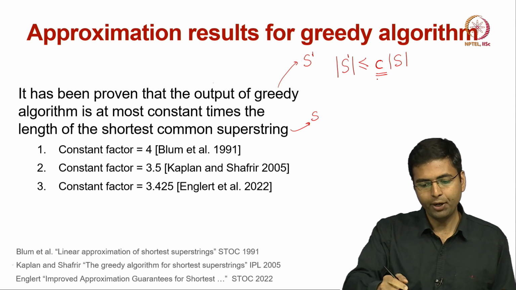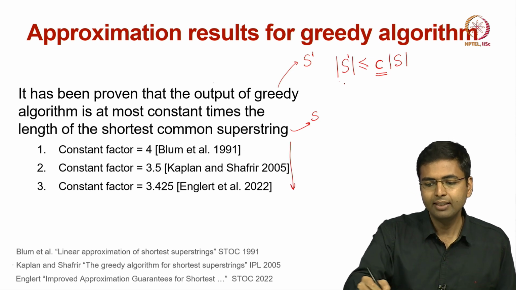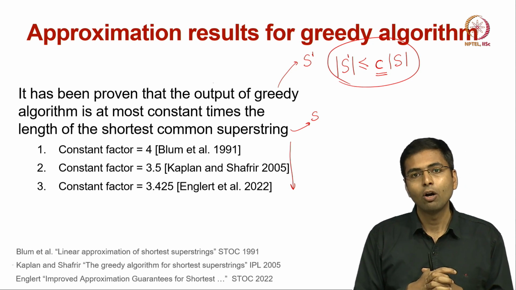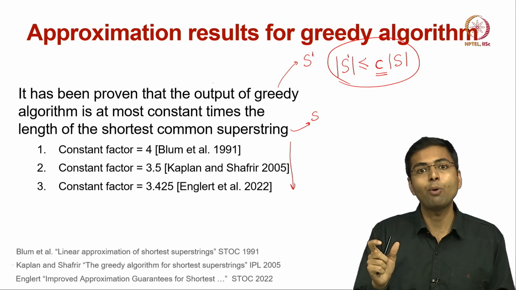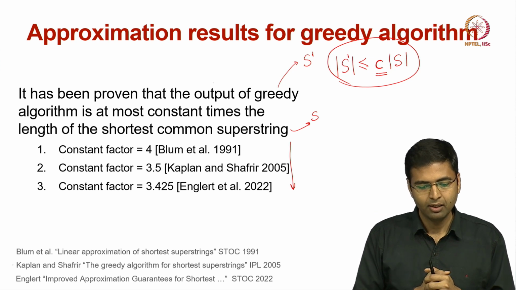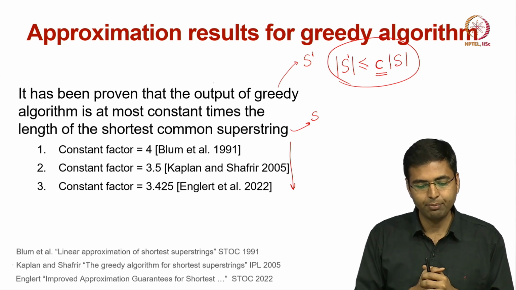So, these are theoretical works which have mathematically proven this inequality and proven the C values for which this inequality holds. So, based on these results, the best factor for C available to us right now is 3.425.